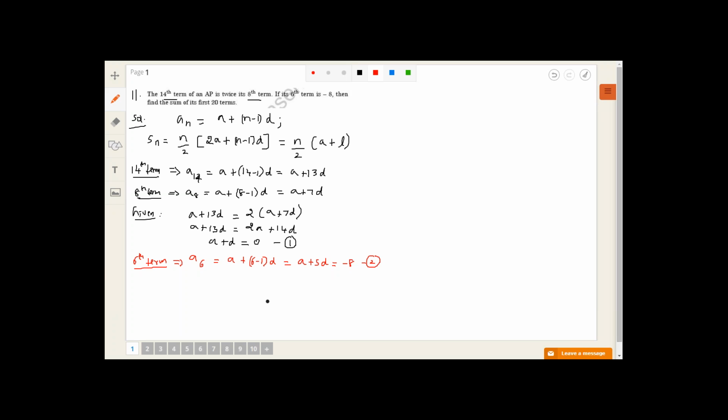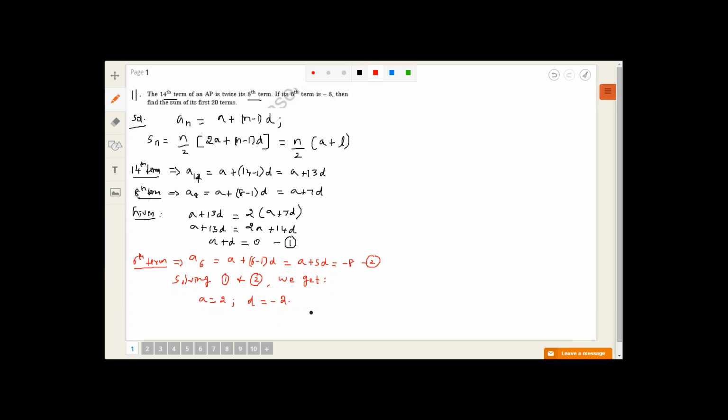Let it be equation 2. Now solving 1 and 2, we get a equal to 2 and d is equal to minus 2.